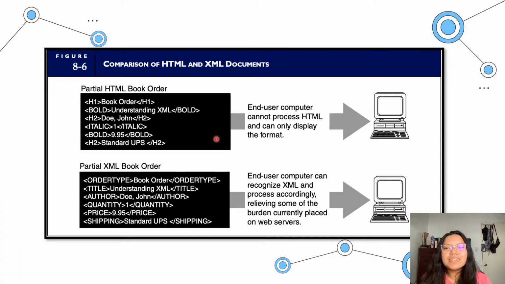It focuses on the format which can be displayed. While in XML, the end user computer can recognize XML and process accordingly, relieving some of the burden currently placed on the web servers. So, for example, dito sa pictures na 'to, makikita natin na it talks about data and about the transaction like price, quantity, kung ano yung shipping na gagamitin, and the likes.